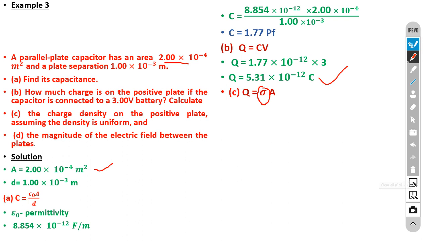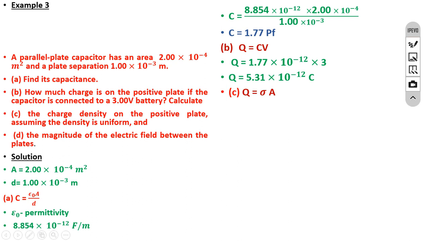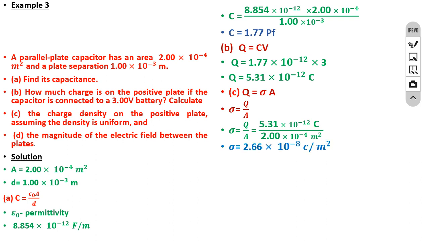So what we need to do is to make the charge density the subject of that expression. Now substitute the given values. When you substitute the given values, you obtain this. Look at the SI unit, C over m squared. So that's the unit of the charge density.